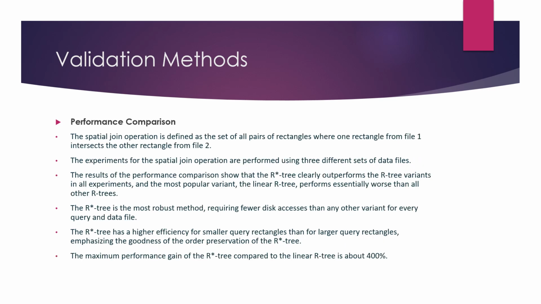And the result of the performance comparison shows that the R* tree clearly outperforms the R-tree variants in all experiments, and the most popular variant, the linear R-tree, performs worse than all other R-trees. The maximum performance gain of the R* tree compared to the linear R-tree is above 400%.